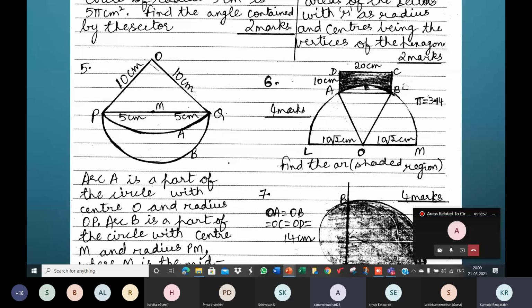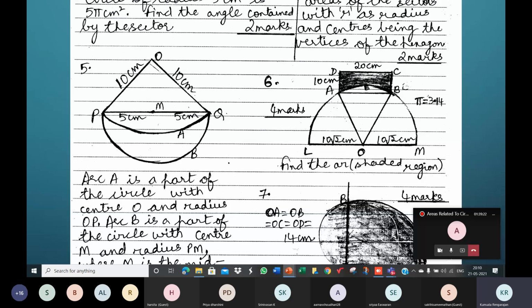Correct, but that's true in any sector. Every sector has an isosceles triangle in it. The isosceles triangle may be equilateral, but the triangle in every sector is isosceles.